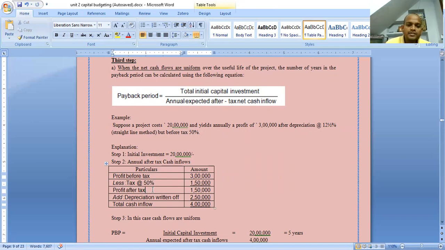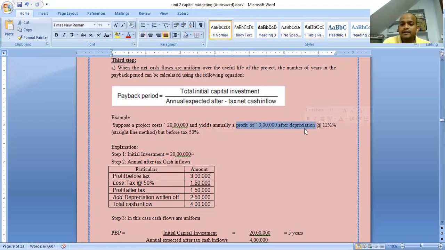Add depreciation written off. Whatever depreciation we deducted from the profit, we have to add it again, because for cash flow calculation there is no effect of the depreciation. Depreciation is a non-cash expenditure. We are not paying anything, the cash is not going out; it works as a tax shield.